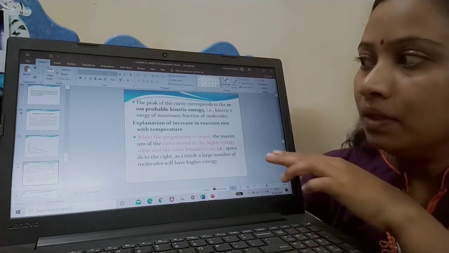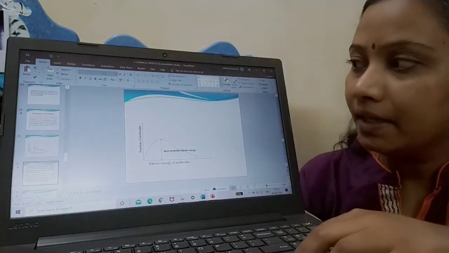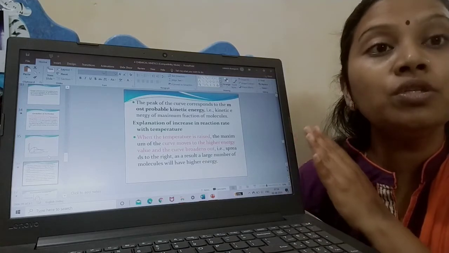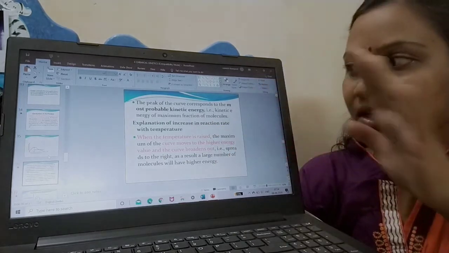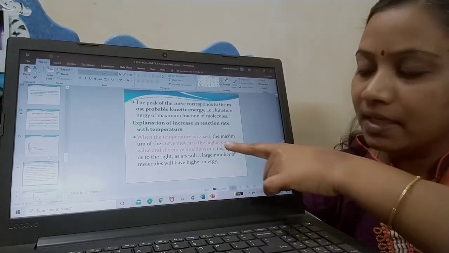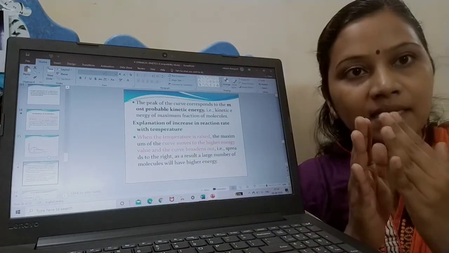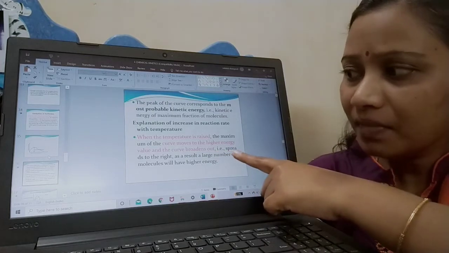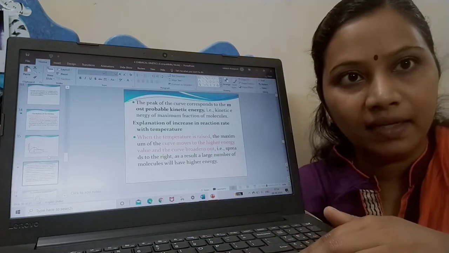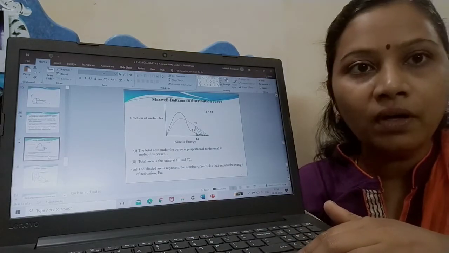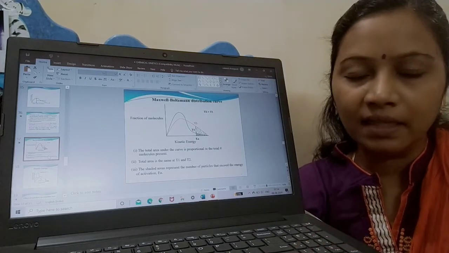The peak of the curve represents the most probable kinetic energy, that is, the kinetic energy of the maximum fraction of molecules. When temperature increases, the curve moves to the higher energy value and broadens out. That is, it spreads towards the right, meaning a large amount of molecules have that kinetic energy. So this is the reason for the increase in reaction rate for every 10 degrees centigrade rise in temperature.